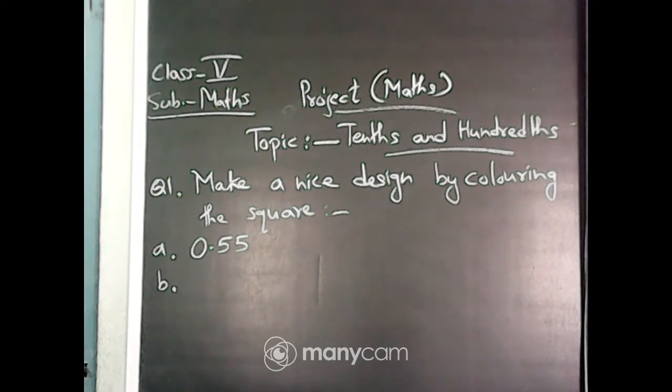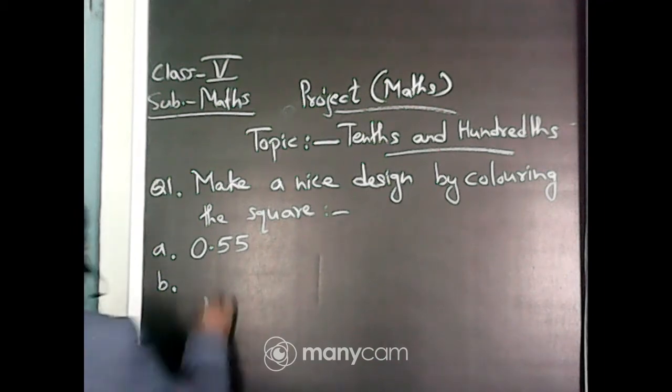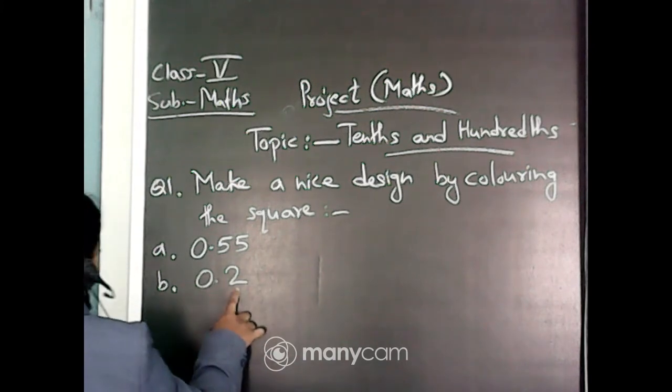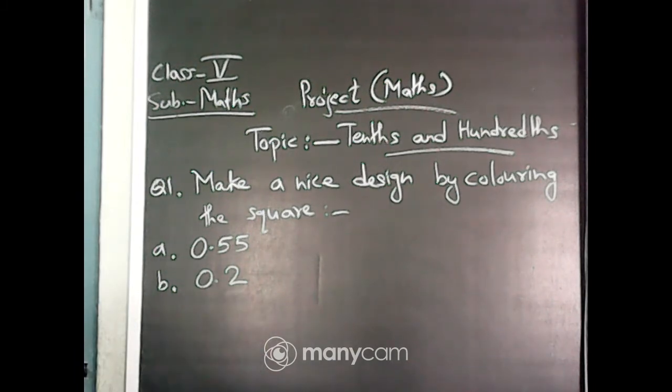Now the second one, 0.2. That means after the point only 1 digit is there, so you have to take 10 squares, and out of 10 squares 2 are colored.